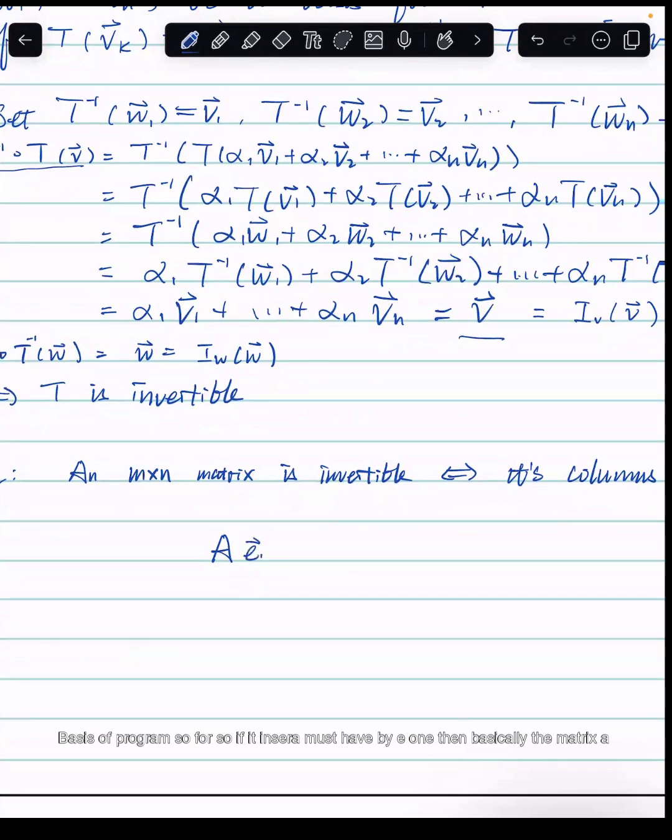If we think of A multiplied by E1, then this matrix A has one column right here, say V1. Let's say the first column is A1, the second column is A2, like that.